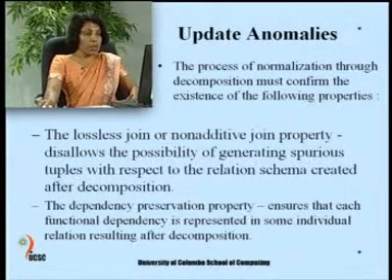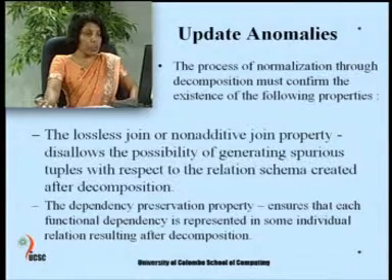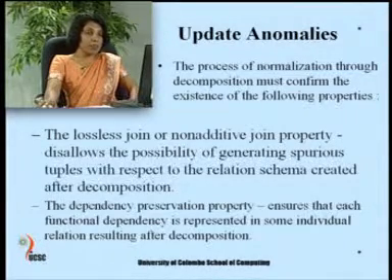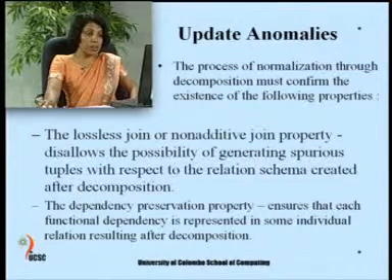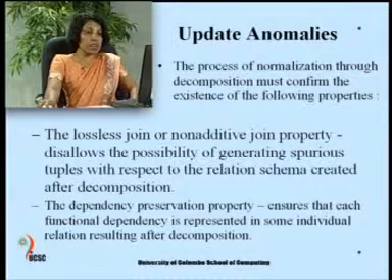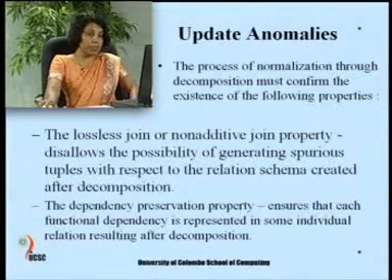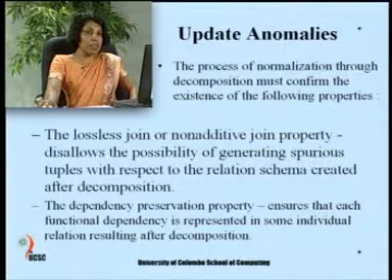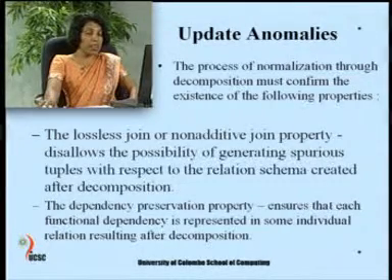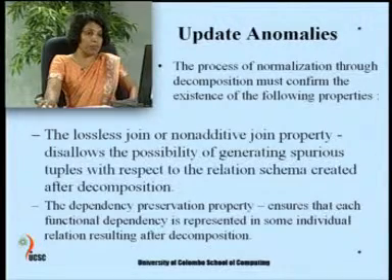When we preserve this property, it avoids the possibility of generating spurious tuples with respect to the relation schema created after decomposition. These spurious tuples are the ones that do not exist in the records originally.